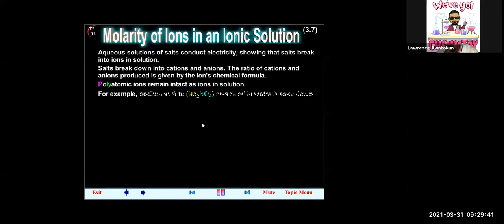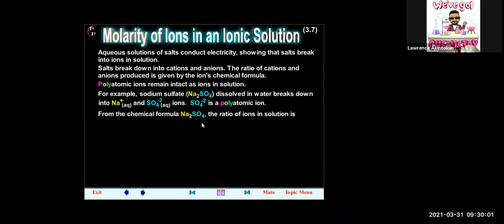For example, sodium sulfate dissolved in water breaks down into Na+ aqueous and SO4 2- aqueous ions. SO4 2- is a polyatomic ion.